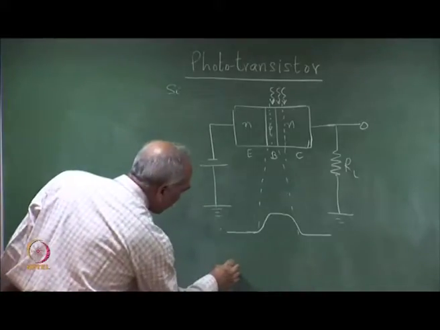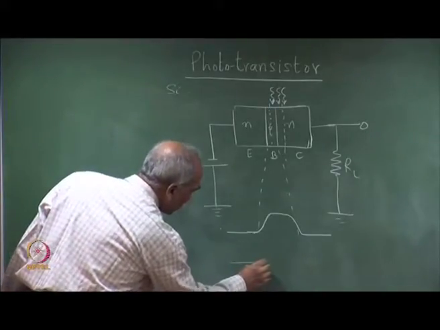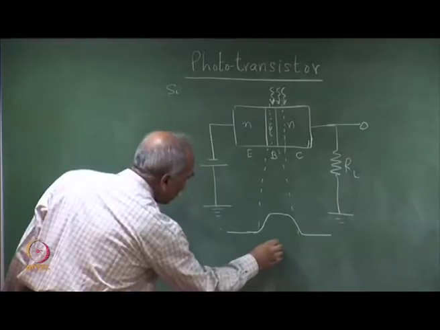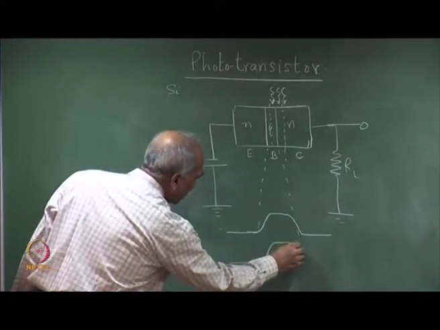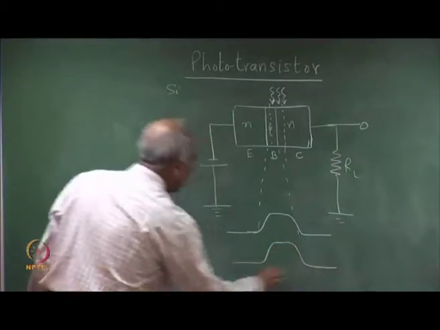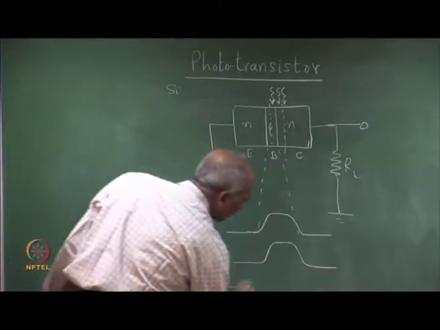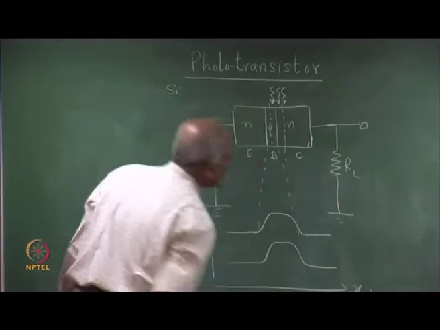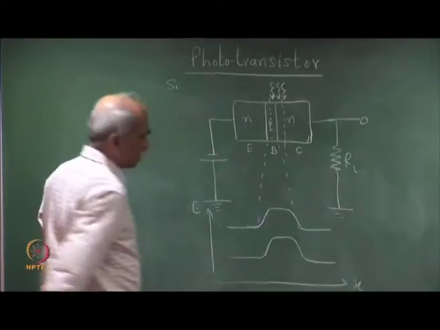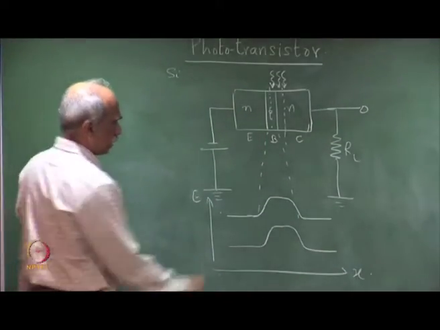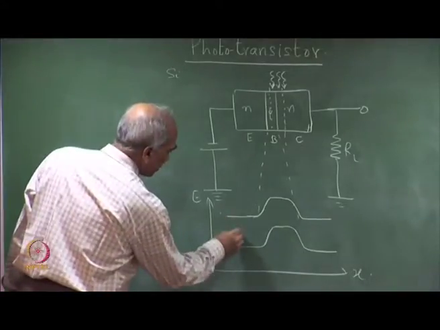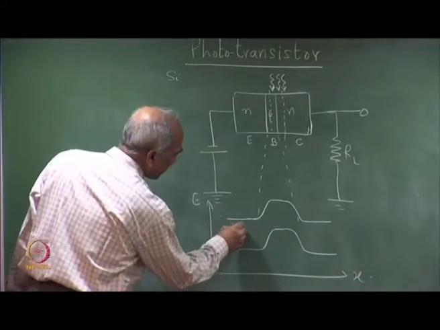So, this is the energy band diagram, E versus X. So, X is this dimension here. So, the Fermi level, this is the n side. So, Fermi level is here.